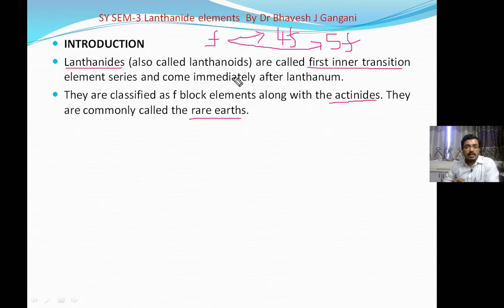So F block elements are classified into two categories: one is lanthanide elements, the second is actinide elements. Both lanthanides as well as actinides are known as inner transition elements.